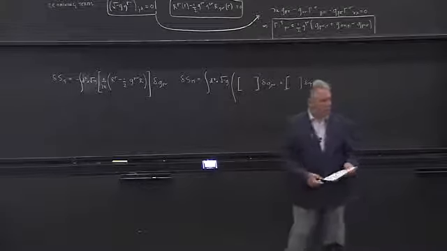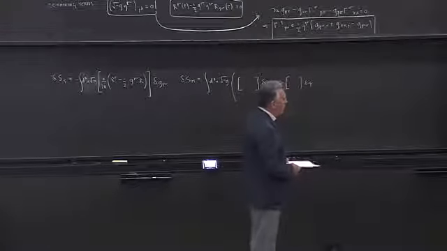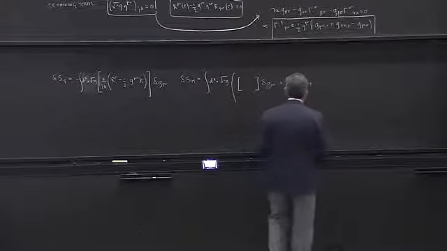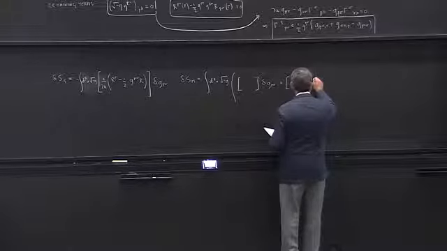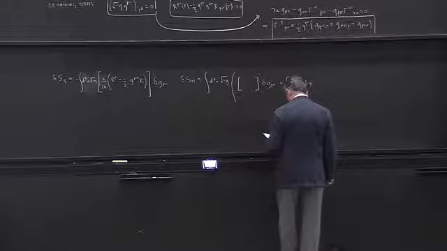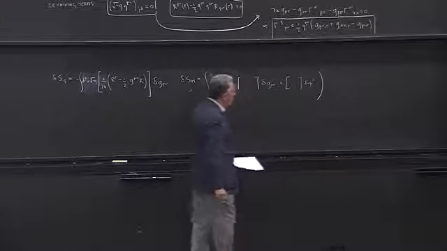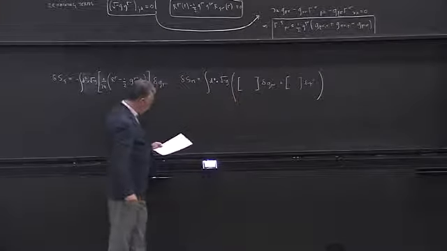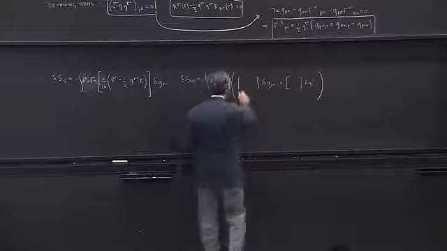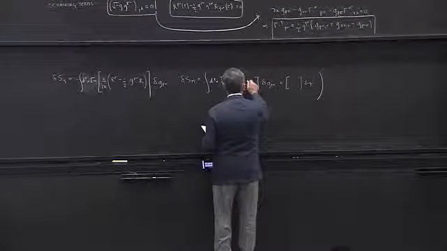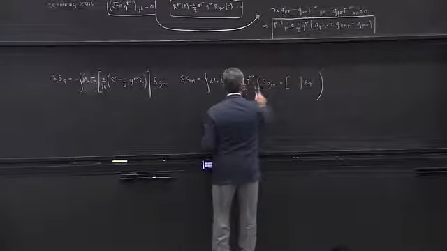Again, it's generic, just some set of fields, psi I. So delta psi I is going to take this form, and we're going to call what sits in here minus 1/2 T mu nu.